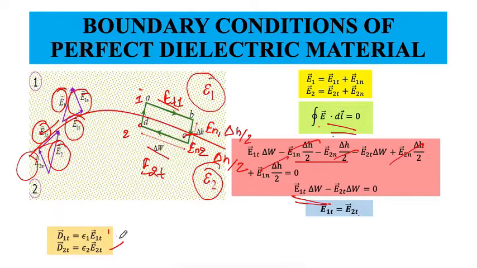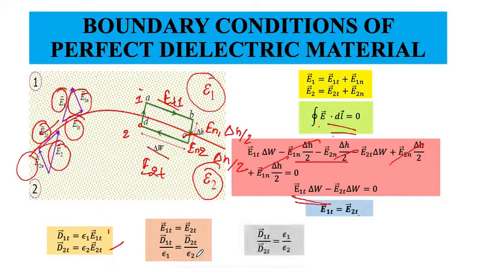I can put these into this equation, so I will get D1 tangential by epsilon 1 equals D2 tangential in the second medium by epsilon 2. So tangential components are proportional to the respective permittivity.